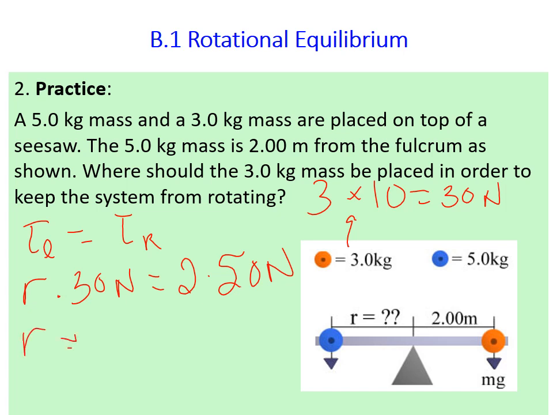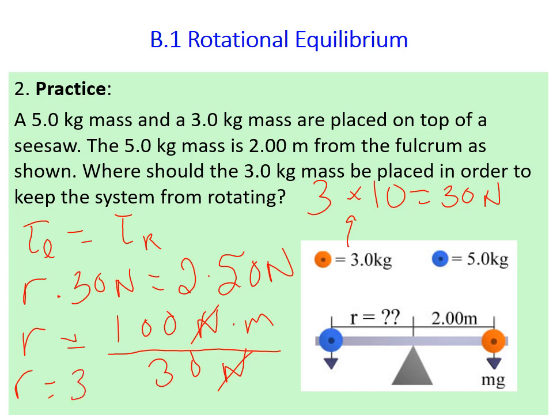So R equals 2 times 50 is 100 newton meters on top, divided by 30 newtons on the bottom. The newtons will cancel. And so R should be placed a distance of 100 divided by 30, which is 10 over 3, which is around 3.3 meters.